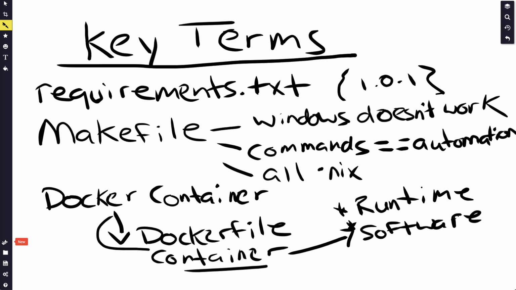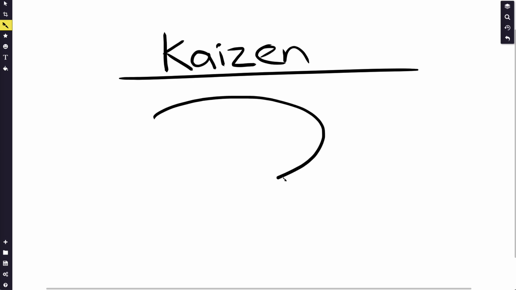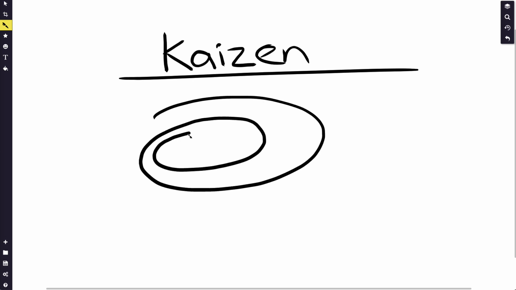So ultimately, what are we driving at when we get to all these things? Well, if we go to this concept of Kaizen, which is the core principle behind DevOps, what Kaizen means is continuous improvement, right? So we're continuously improving what we're doing.